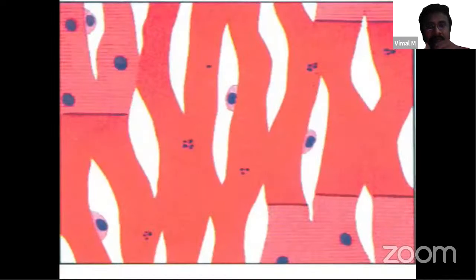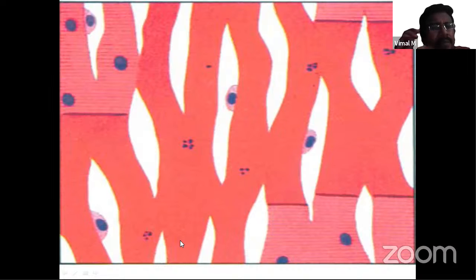We'll categorize the morphological changes into what happens within 24 hours, within 1 to 3 days, 4 to 7 days, 7 to 14 days, and 2 to 8 weeks. I repeat once again: you can categorize the morphological changes in MI as what happens within 24 hours, 1 to 3 days, 4 to 7 days, 8 to 14 days, and 2 to 8 weeks.